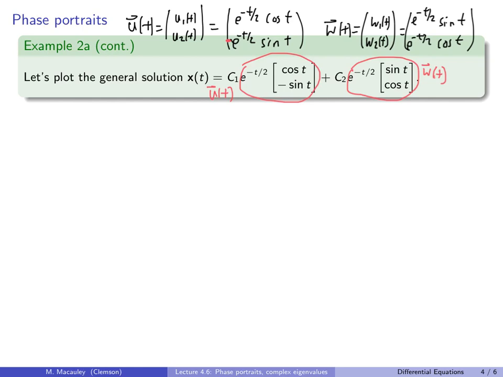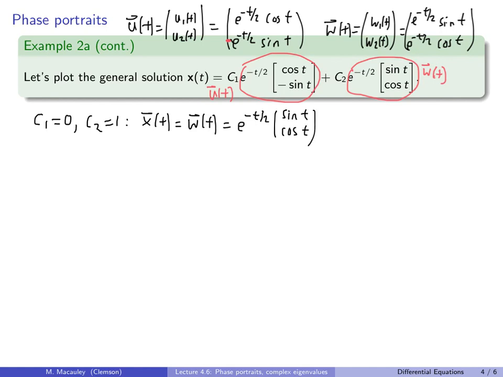Okay, so how do we plot what these things are? We're going to take a similar approach to what we did in the previous lecture. We're going to do some easy cases. Let's say that C1 equals 0 and C2 equals 1. In that case, x of t equals w of t, which is e to the minus t over 2 times sine of t, cosine of t.